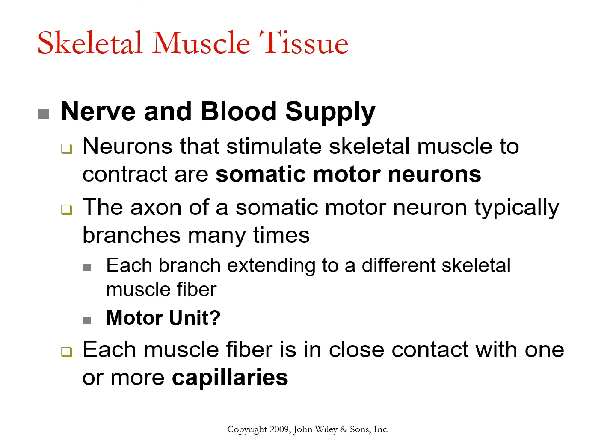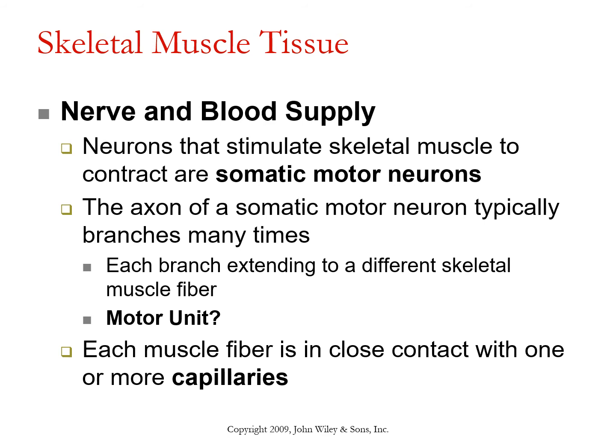The axon of these neurons is a singular long process that branches several times, and these branches extend to different skeletal muscle fibers. So while each skeletal muscle fiber has only a single neuron branch signaling it, a motor unit consists of a single somatic motor neuron plus all of the skeletal muscle fibers that its branches stimulate.